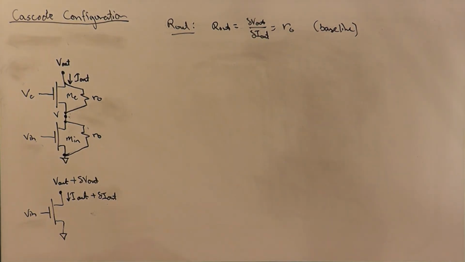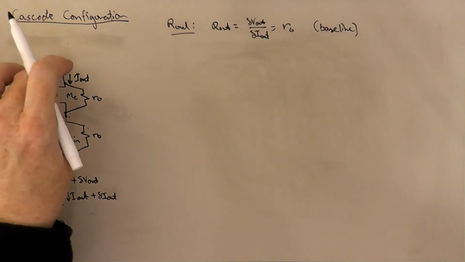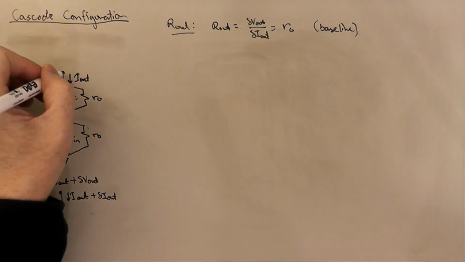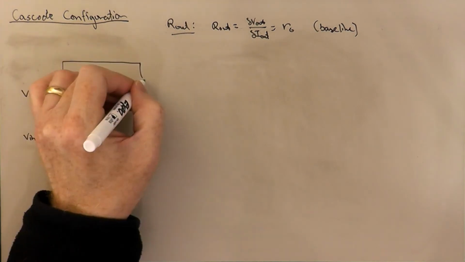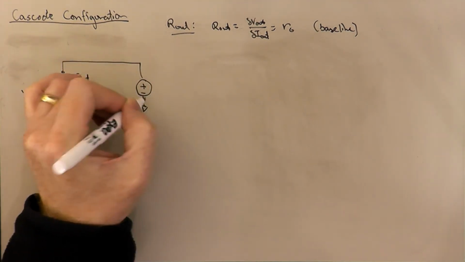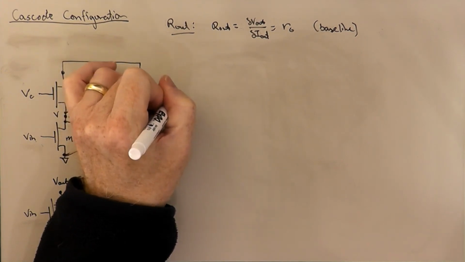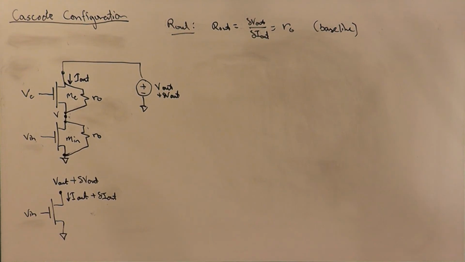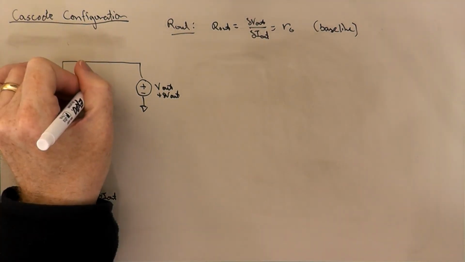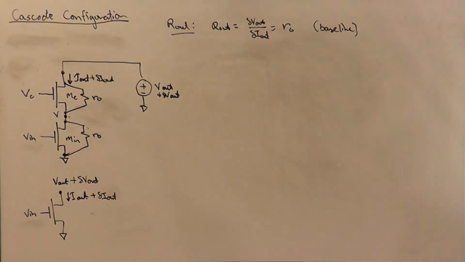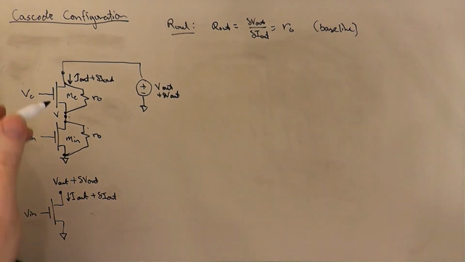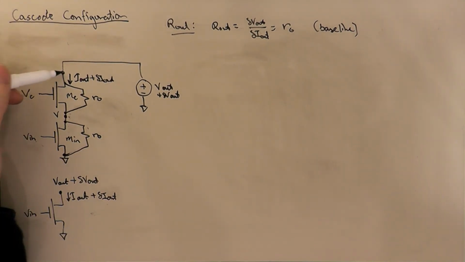To actually figure this out, we're going to apply source splitting and superposition. We're going to take this over here, connected to our voltage source, and apply voltage source splitting to get the change in I out. We're going to take that output voltage source and split it into two pieces, one connected to the drain of our cascode transistor and one connected to the RO.